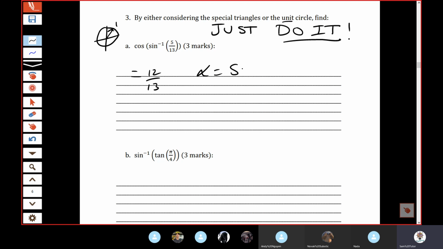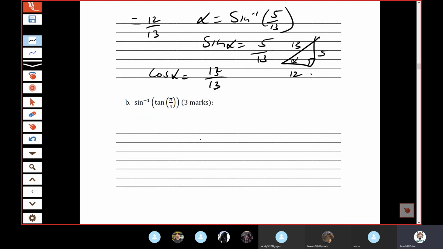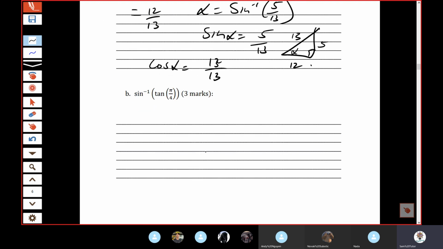So alpha equals inverse sine 5 on 13, so sine alpha is 5 on 13. Create a triangle, there's the special triangle, 5 on 13, that's 12, and obviously what are you finding? Cos alpha, which is 12 on 13. Easy stuff.